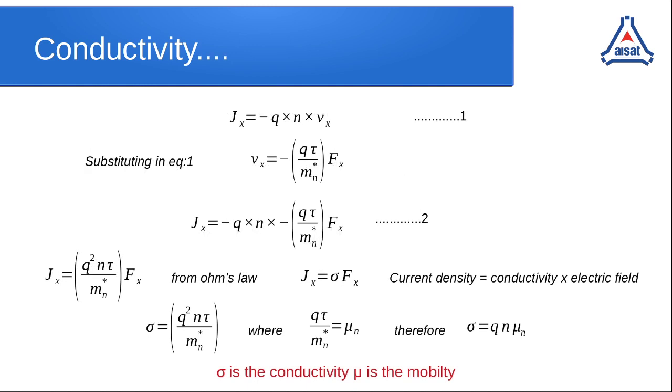If we try to substitute the value of drift velocity in place of v of x, which is equal to minus q tau by mn star F of x, in equation number 1, we will get J of x is equal to q square n tau by mn star into Fx.